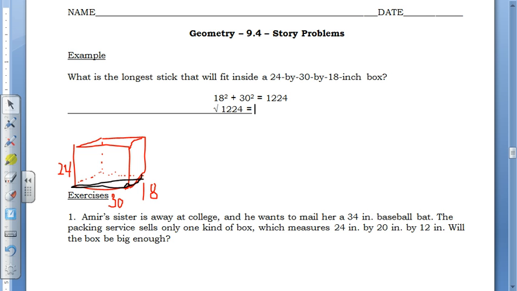I'm going to round it to 35. So I have the length of the hypotenuse right here is 35.